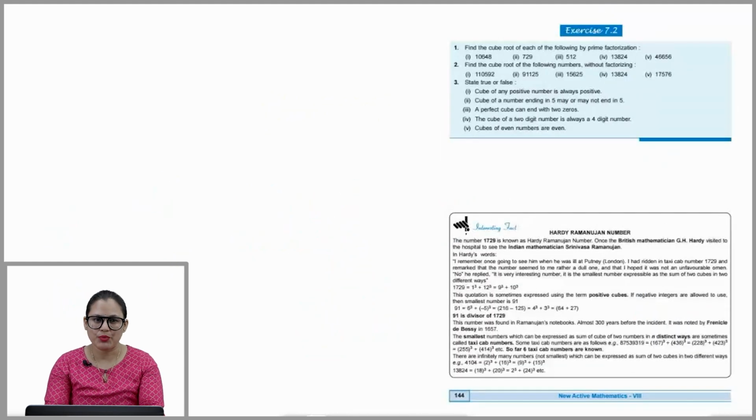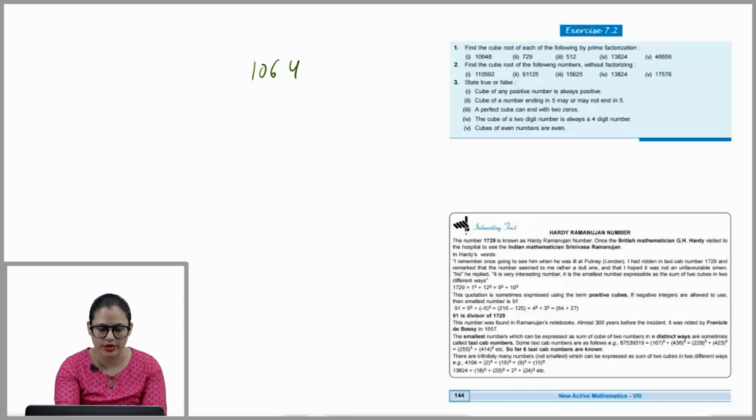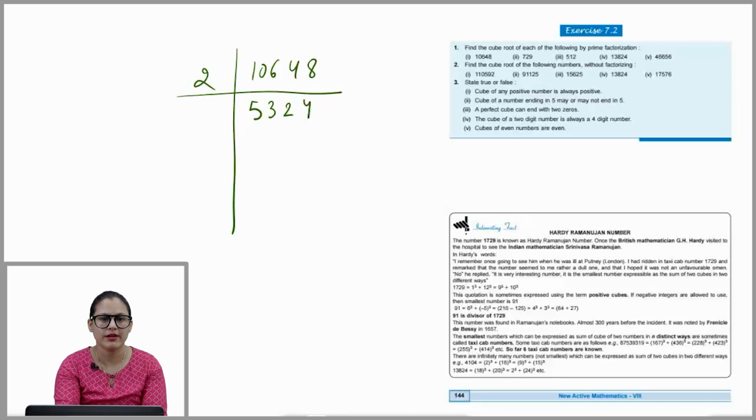Let's do exercise 7.2. Find the cube root of each of the following by prime factorization. The number is 10648. Dividing by 2: 2 5s are 10, 2 3s are 6, 2 2s are 4 and 2 4s are 8.